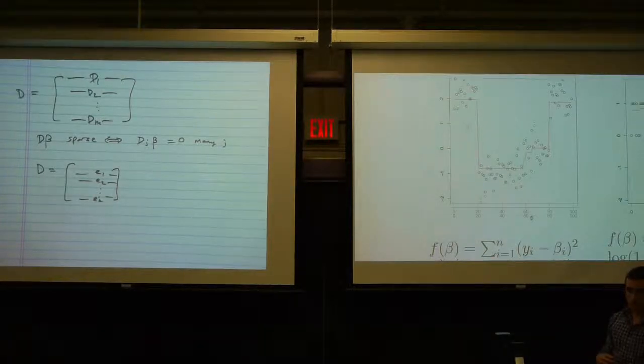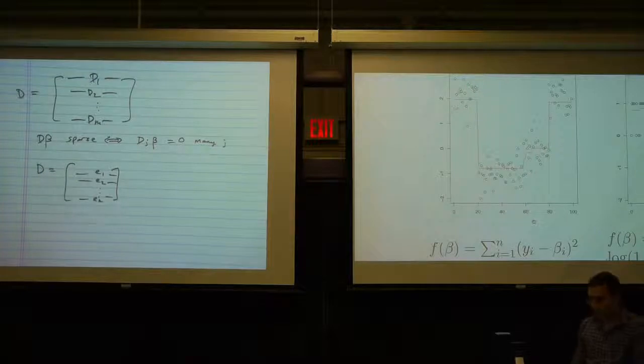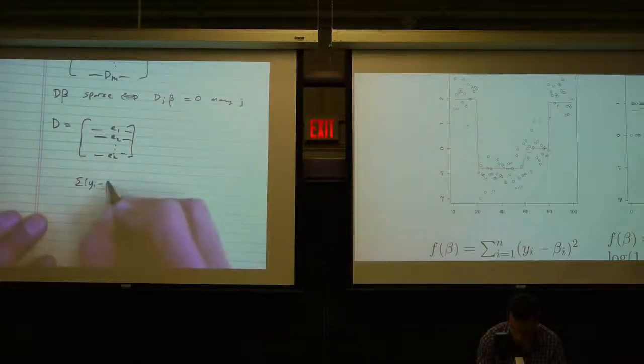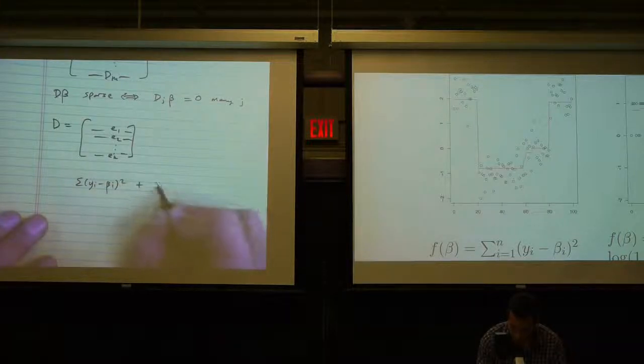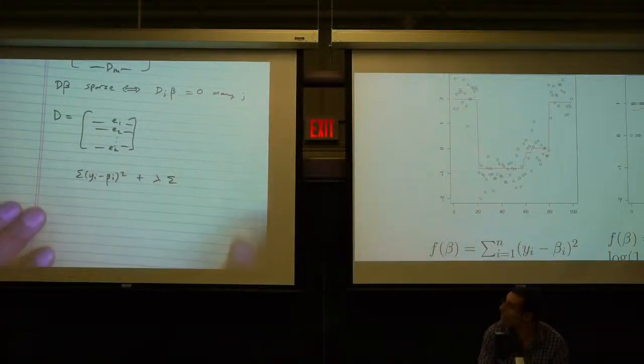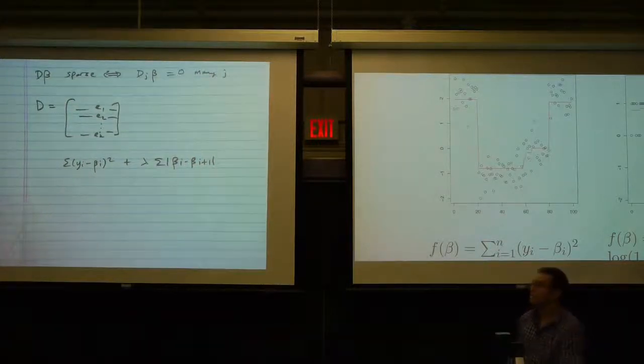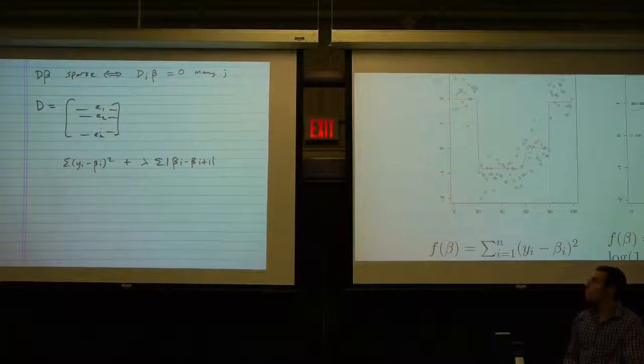And I'm fitting those values beta i to minimize the sum of yi minus beta i squared plus lambda times the sum of the absolute adjacent differences in beta. So what do I get? I get out something that's piecewise constant and that also approximates the sequence y.